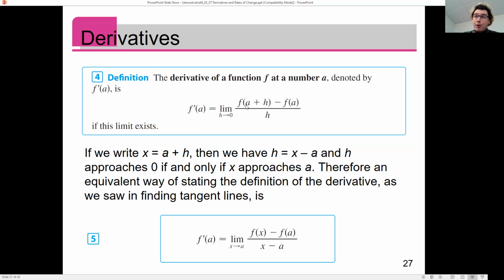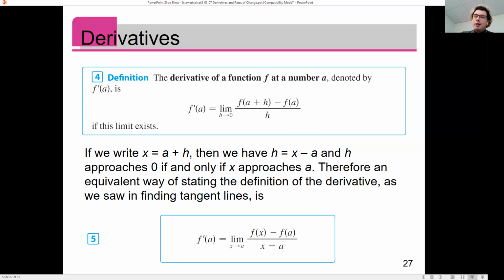So notice that this limit does not include direction. So this limit is only going to exist if it's our two-sided limit. And we have all the usual conditions about limits existing or not existing as well.